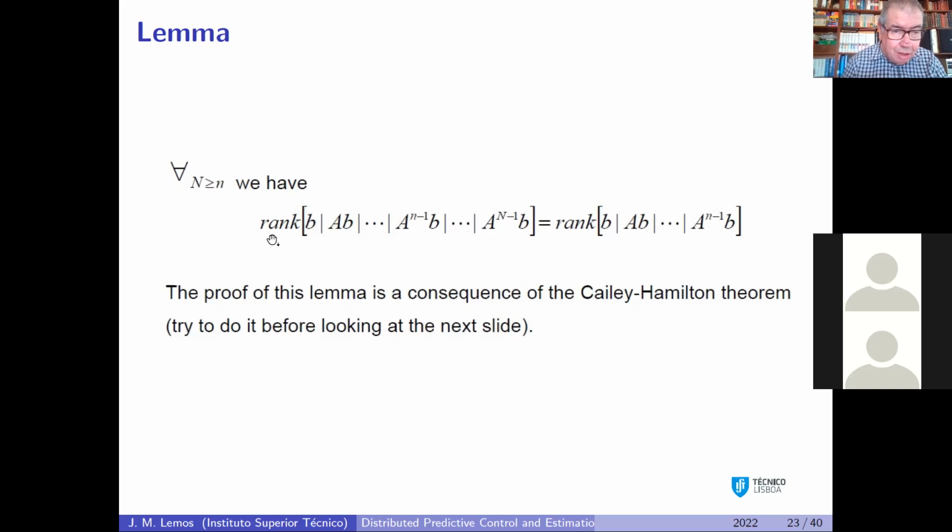So in general, for a state model of order n, the rank, the maximum number of independent vectors or independent directions defined by this large matrix, is equal to the rank of just considering the first small n vectors here.